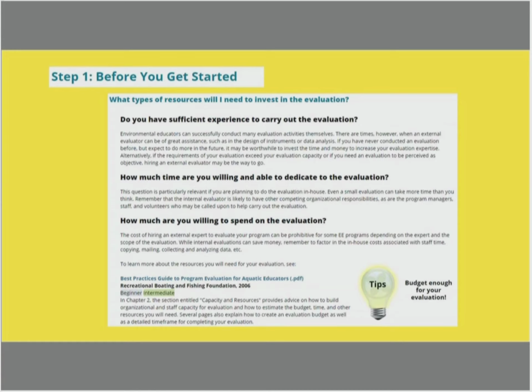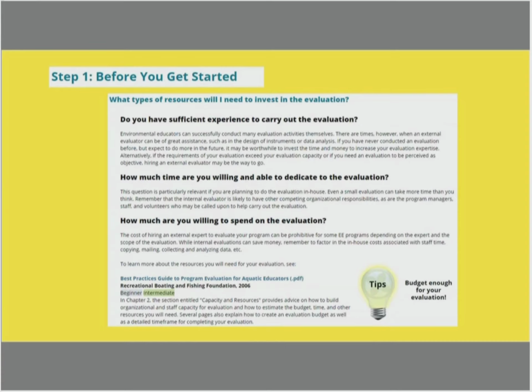So when you're thinking about doing a program evaluation, it's very important to think about whether you actually have all the resources that you will need in order to complete a successful evaluation. Might you, for example, need an evaluator because you just don't know enough to proceed on your own?